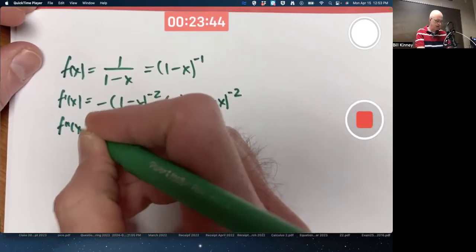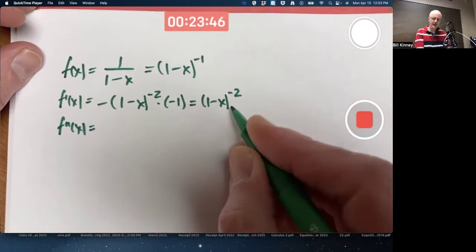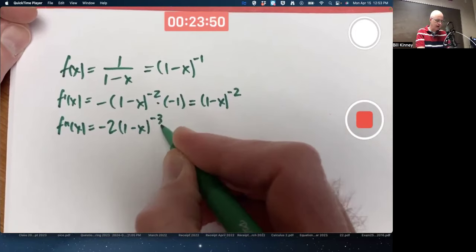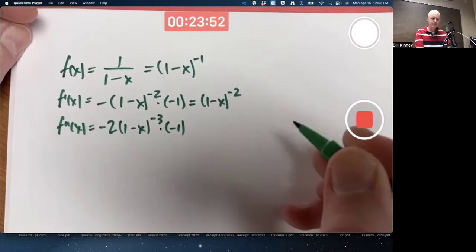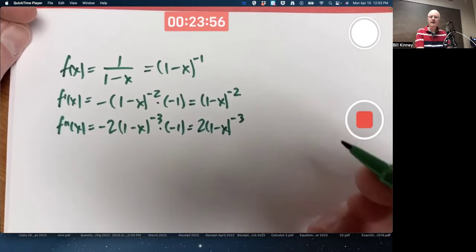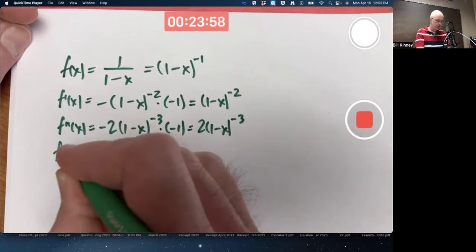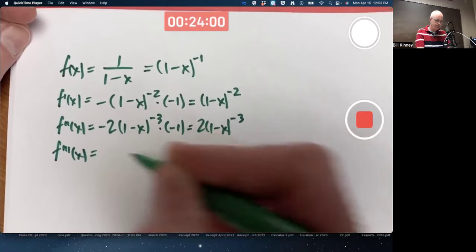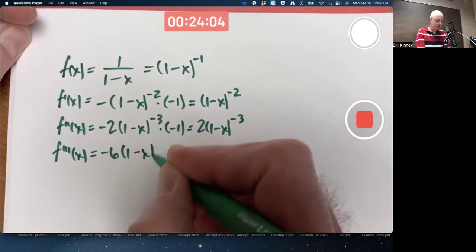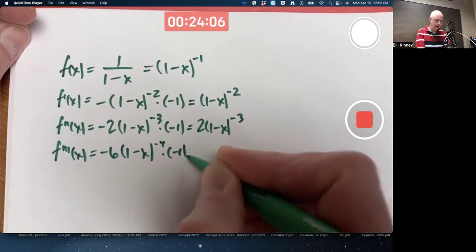Second derivative. Differentiate this. Bring down the negative 2, 1 minus x to the negative 3. Don't forget to multiply by negative 1. 2 times 1 minus x to the negative 3. Third derivative. Bring down the negative 3, get negative 6, 1 minus x to the negative 4, times negative 1.